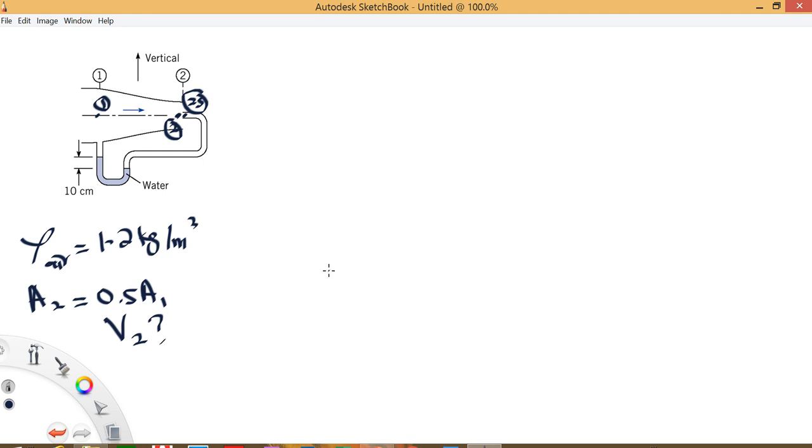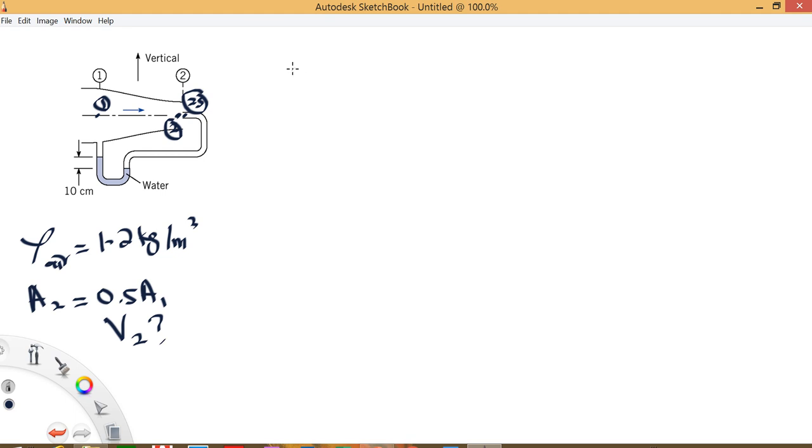P1 I don't know, P2 I don't know, and V1 also I don't know. I can actually use two equations, then do simultaneous equations, replace the values and I can get the answer.